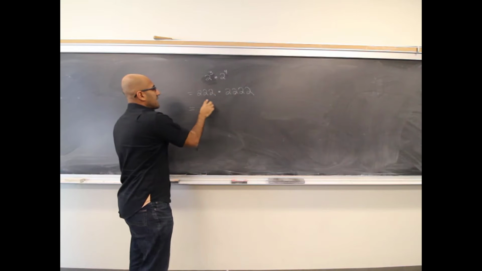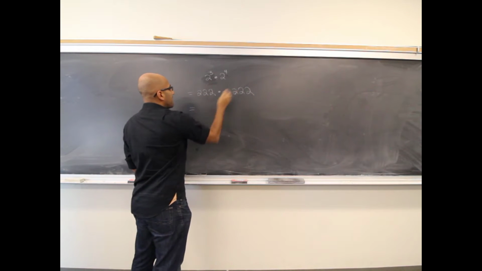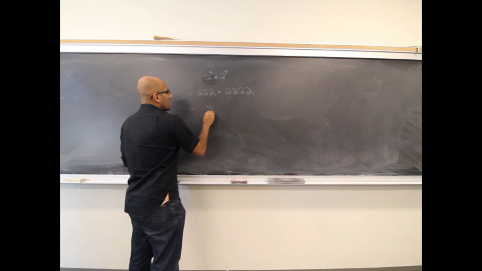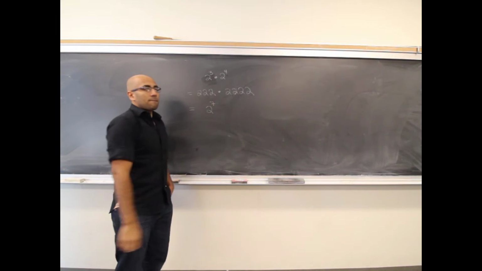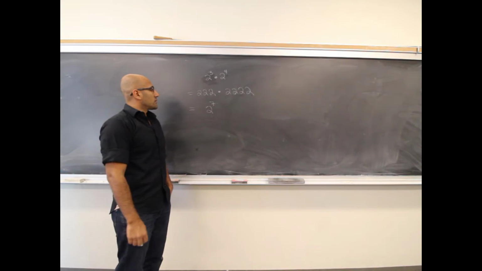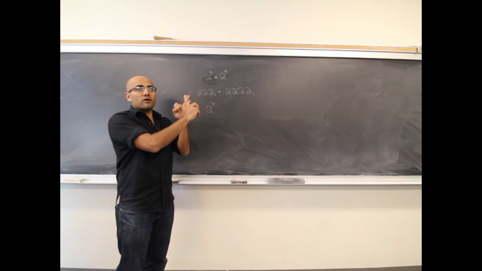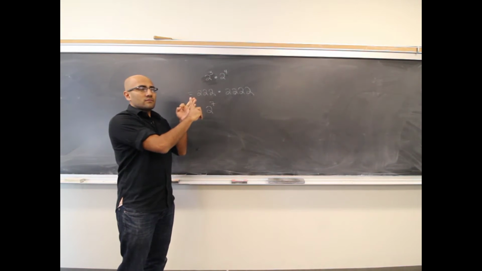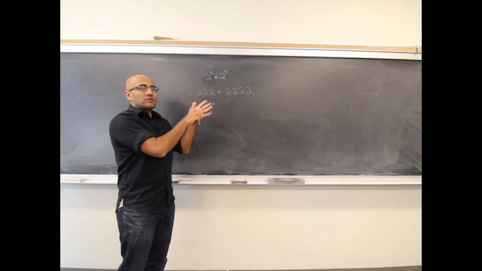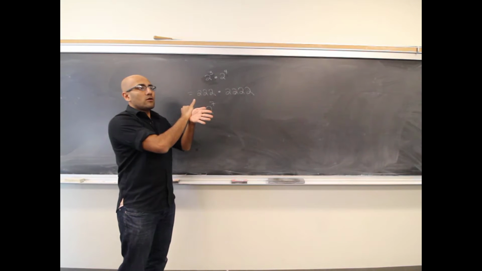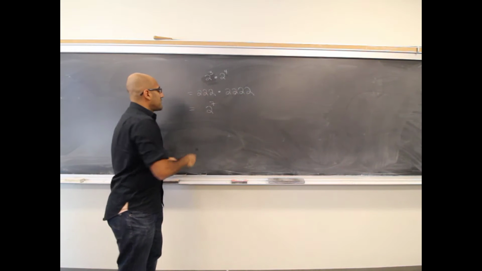At the end of the day, I have 1, 2, 3, 4, 5, 6, 7 copies of 2. So this is 2 to the power of 7. That makes sense? Good. So we just multiply that out. 2 times 2 is 4, 8, 16, 32, 64, 128.